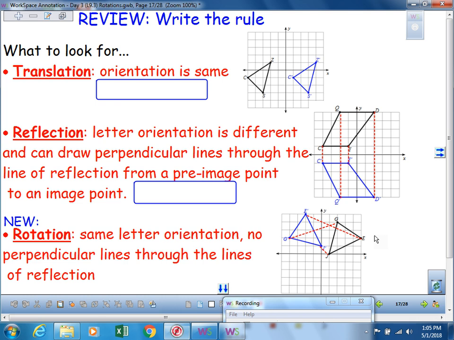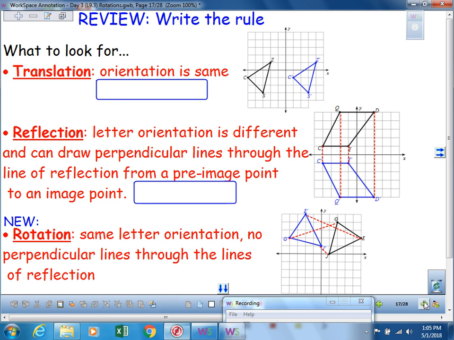On rotation, if you go from G to G, E to E, J to J, see how those lines all cross? That you can tell is a rotation. But if you're not sure if it's reflection or rotation, check the letter orientation. Reflection's the only one that changes.